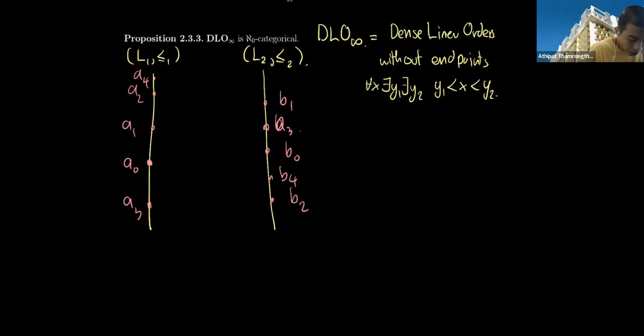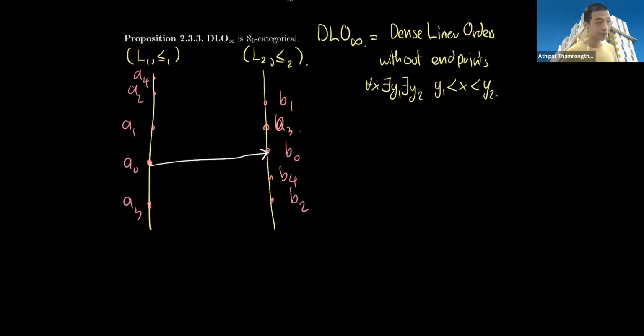So the idea is we're going to start by first linking this one to this one, A0 to B0. Okay, so now I have a map that I can start with. I match one point on the left-hand side and one point on the right-hand side, so we have a reference point on both sides.